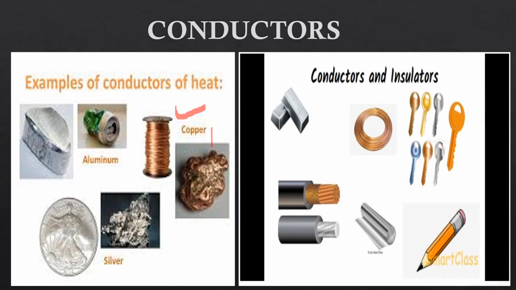Inside the electric wire we are using copper because the flow of electricity is more, meaning this is a very good conductor of electricity. In short, we can say conductors are any material that allows electric current to pass through it.